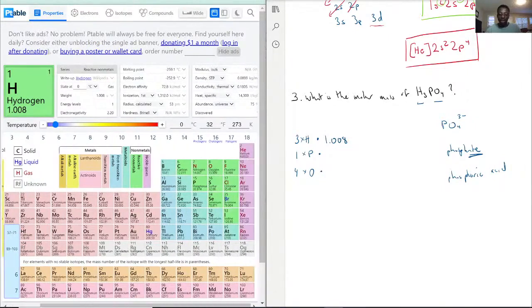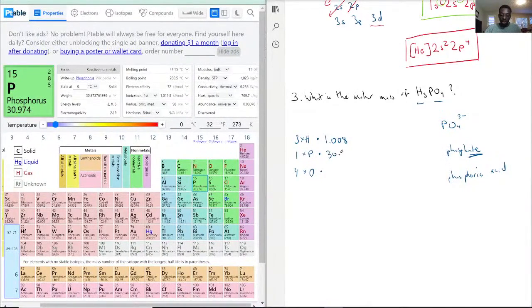For phosphorus, its weight, you see that number at the bottom? That's 30.974, and oxygen 15.999. So now we'll do the multiplication, and 3 times 1.008 is 3.024.